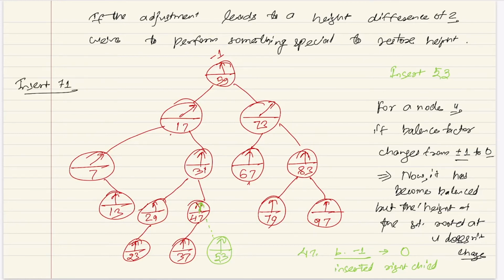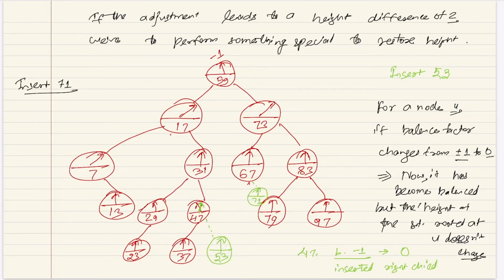I'll start from 59, go right, 73 go left, 67 go right, and go right, I put 71. Fine, balance factor 0. Now you see 67 has got a right child, its balance factor will increase by 1, like we did last time.